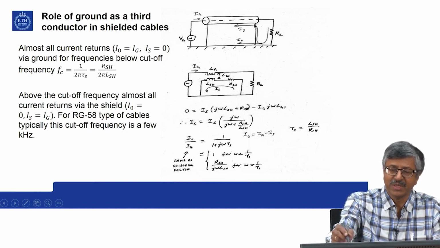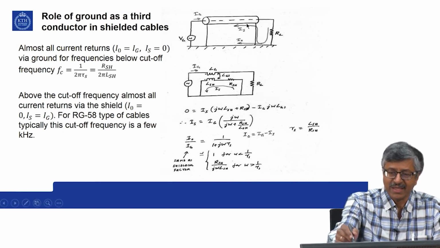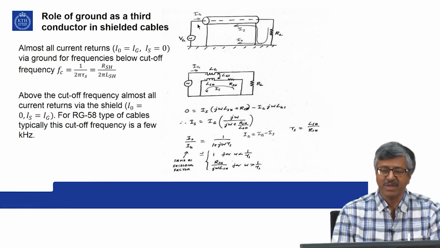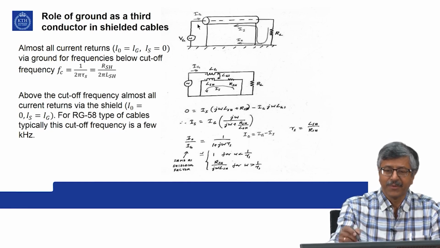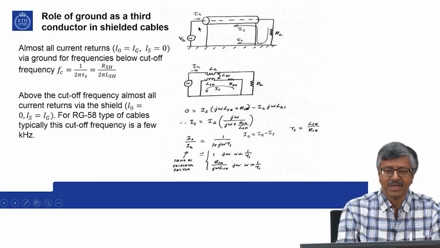Even though the shield is connected on both sides to the ground, most of the currents will be returning via the shield. You can see this from the principle of flux minimization, or purely mathematically you can have a circuit diagram like that and find out that most of the currents are returning through that.